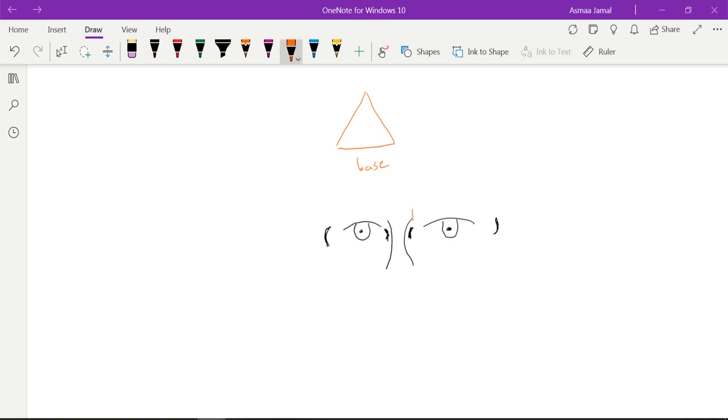So when I put the base of the prism like that, the base of the prism is now at the inner angle of the eye. So we call it base in. For the right eye, if I put the base at the outer angle of the eye, now the base is out.